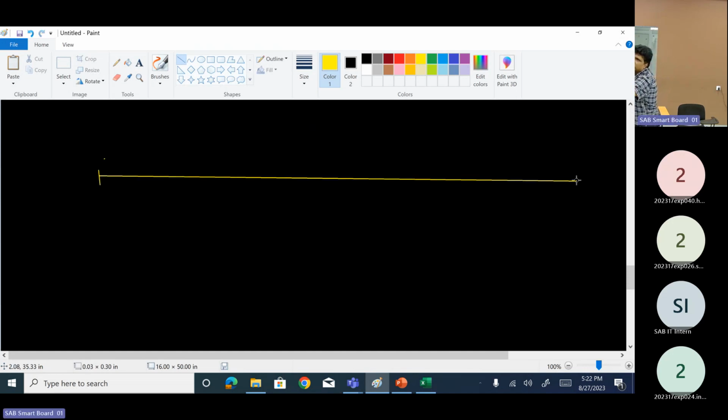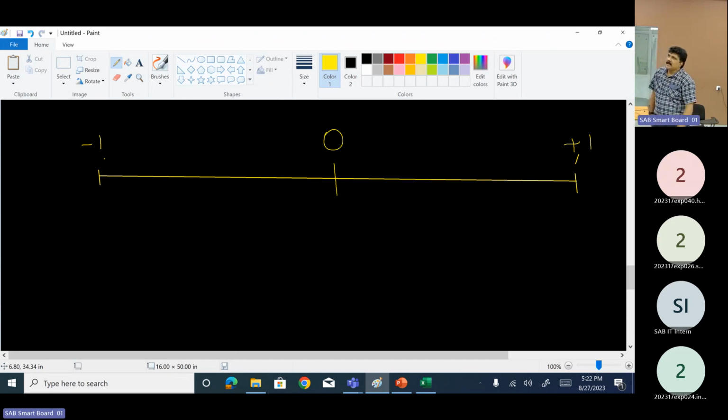And then we divide this into 2 equal parts. So this length, we divide into 2 equal parts. So if we divide into 2 equal parts, this will be 0.